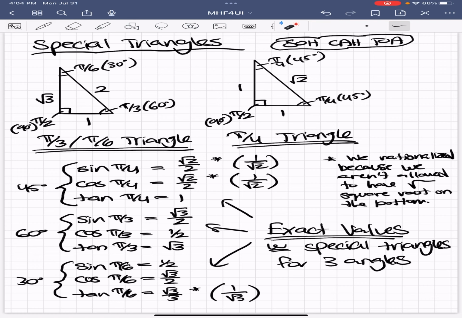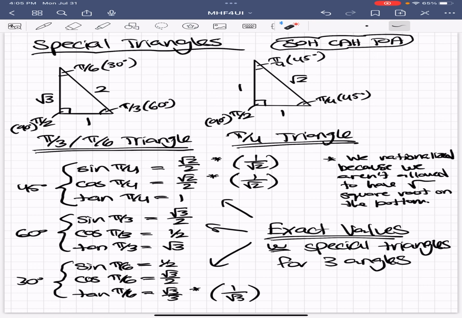Cos pi over 6 is root 3 over 2. And tan pi over 6 is root 3 over 3. Again, we rationalized, so we just multiply by root 3 over 3, and we got root 3 over 3, just because we aren't allowed to have square roots on the bottom.